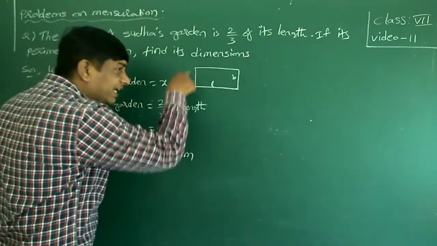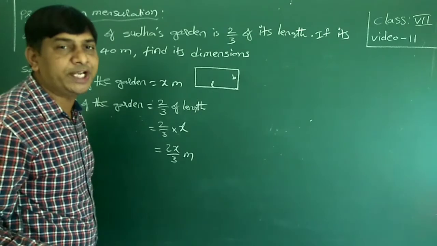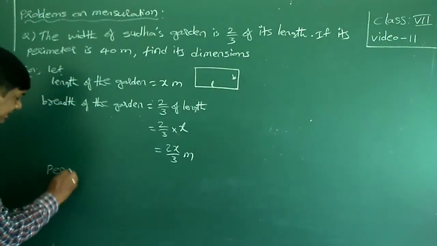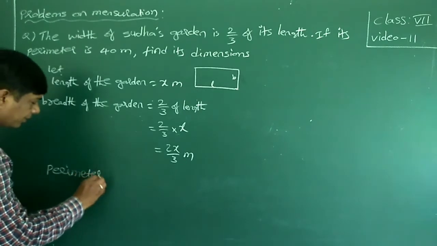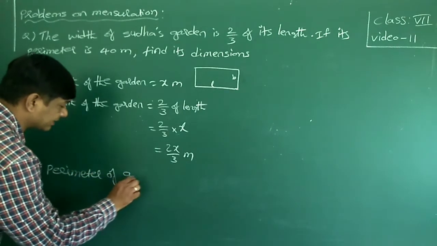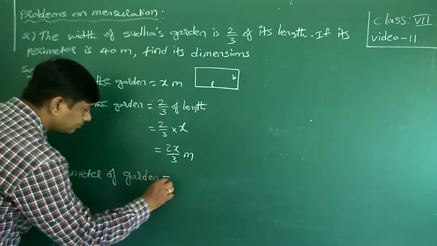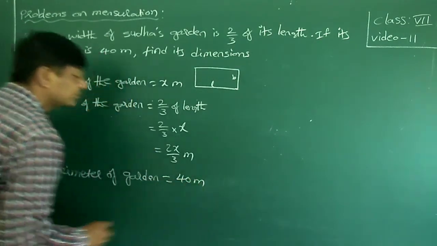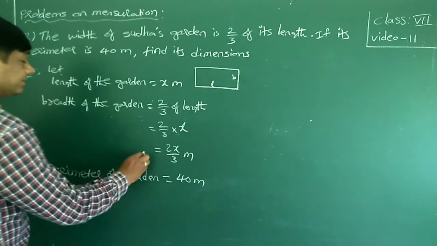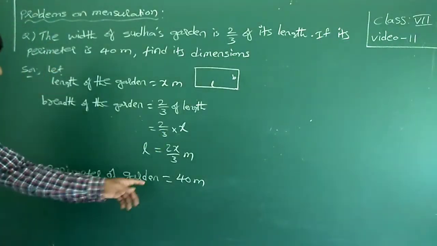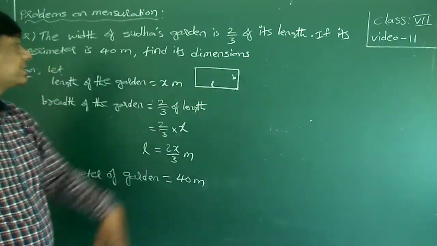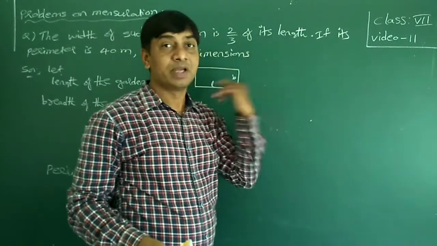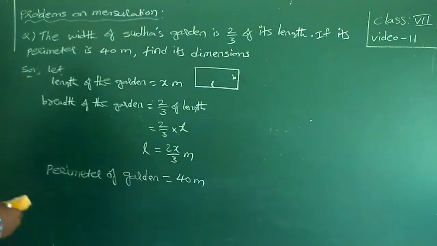If it's the perimeter of the rectangular shape, the formula is 2 into L plus B. Now perimeter of garden is equal to, how much did they give? 40 meters they gave. Perimeter of garden is 40 meters.